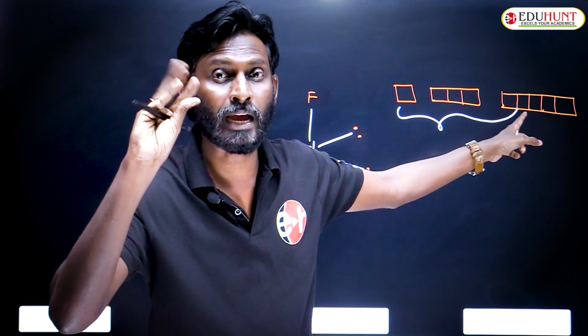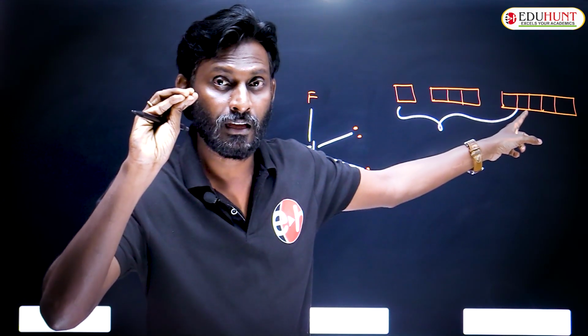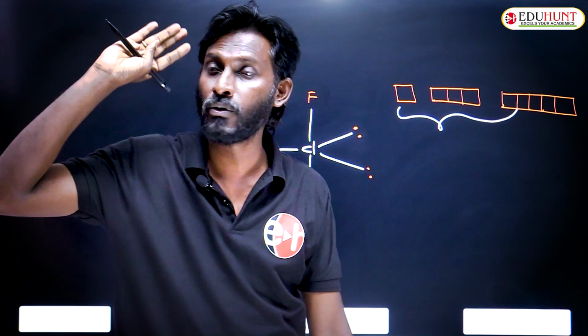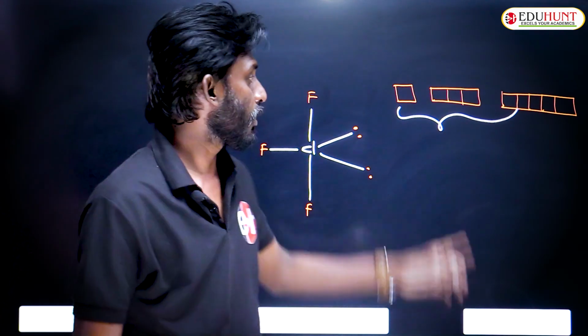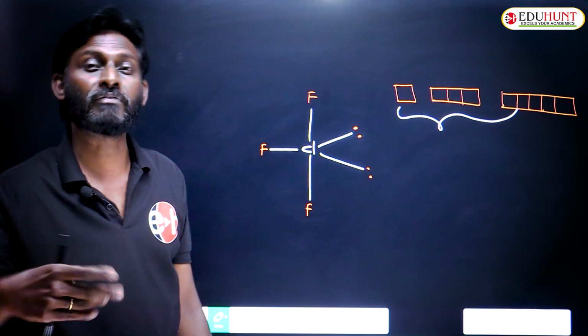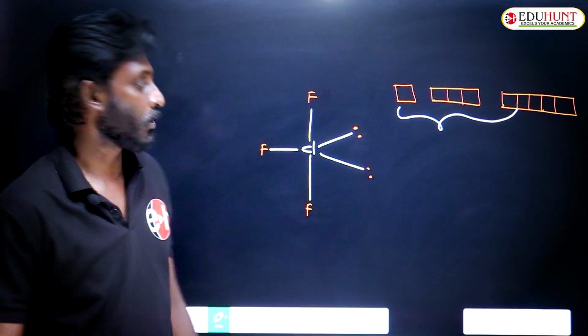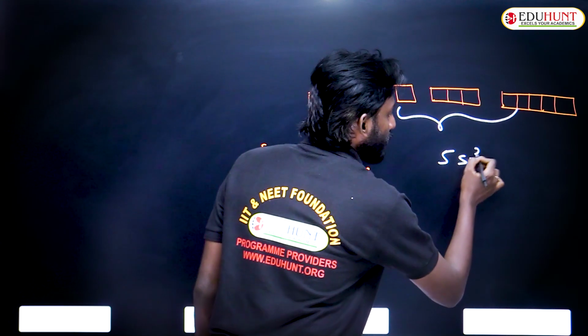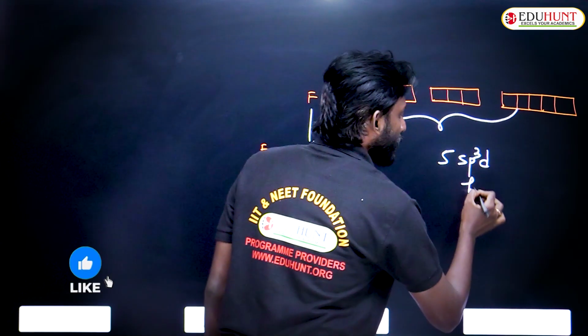There are 5 hybrid orbitals you are going to get. Among those 5 hybrid orbitals, all are going to be the same, because 5 atomic orbitals are intermixing. You get 5 sp3d hybrid orbitals.